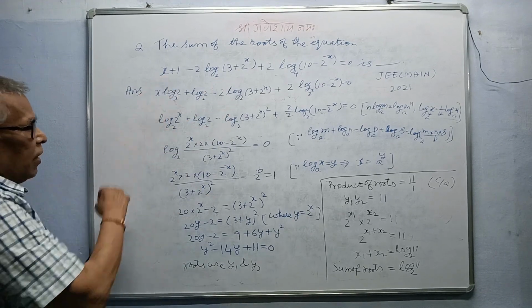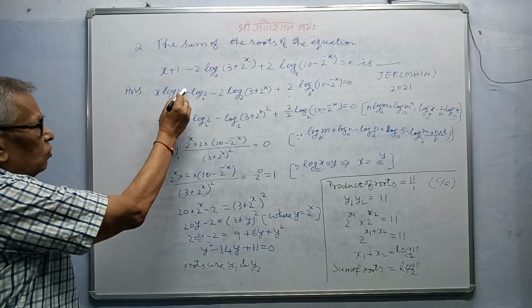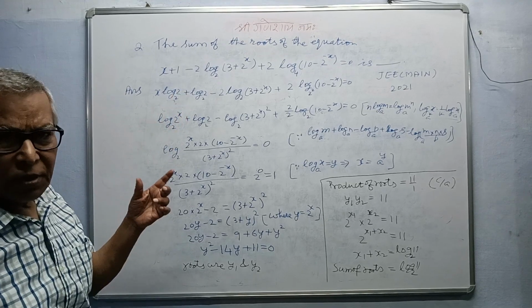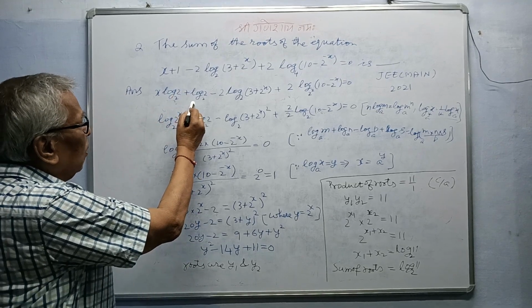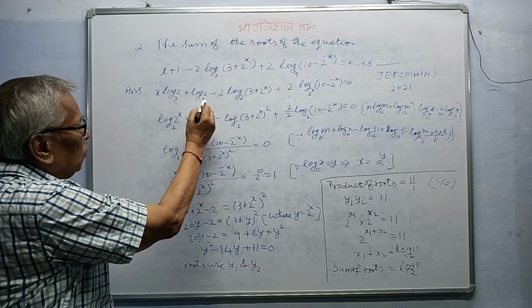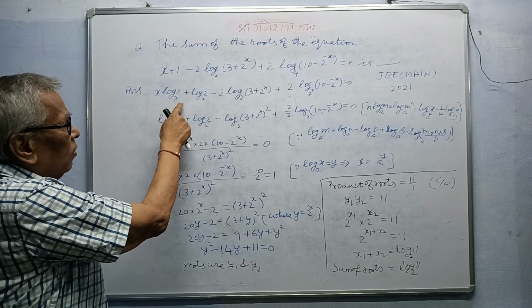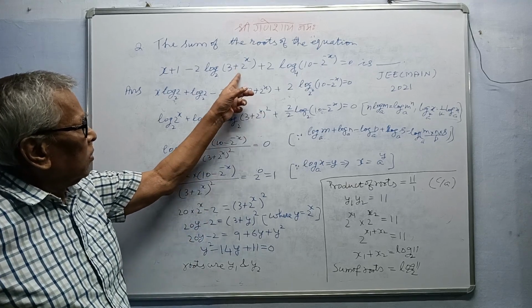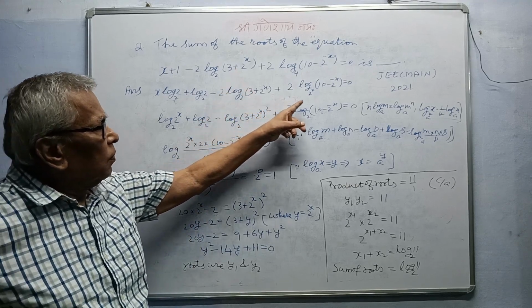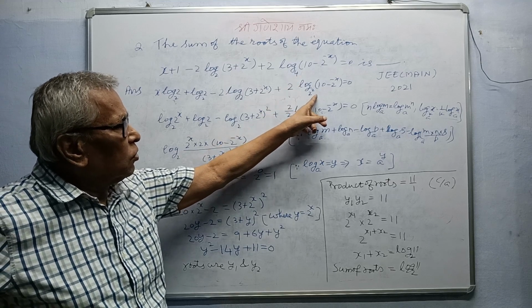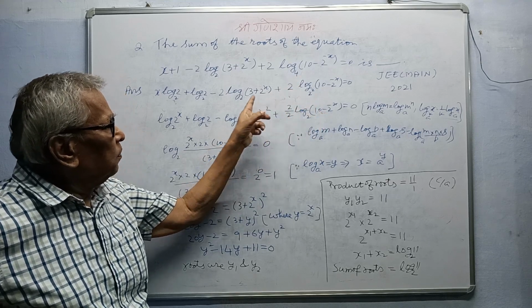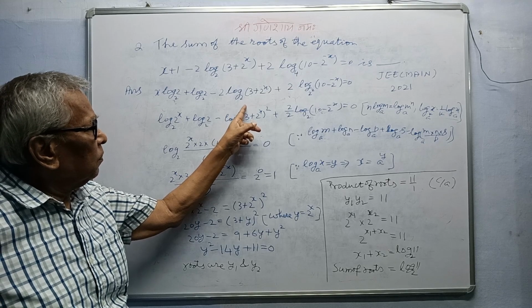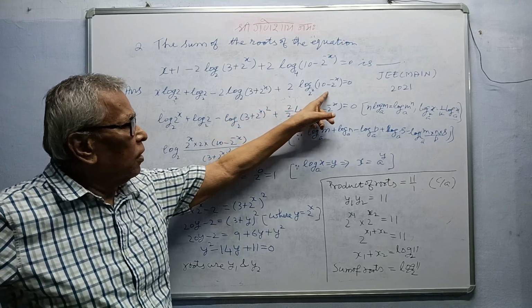So x can be written as x log 2 to the base 2, log a to the base a is equal to 1, plus log 2 to the base 2 x into 1 plus 1 minus 2 log, as it is given, plus 2. This 4 can be written as 2 square because we want to take base as 2. So 2 square.